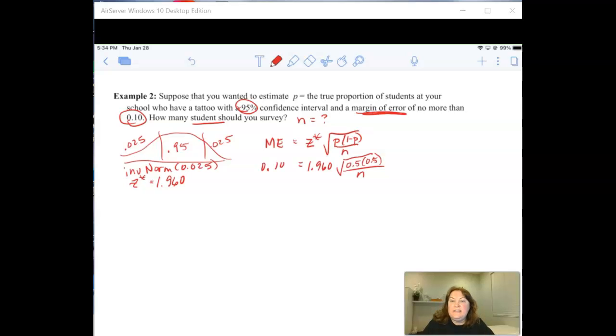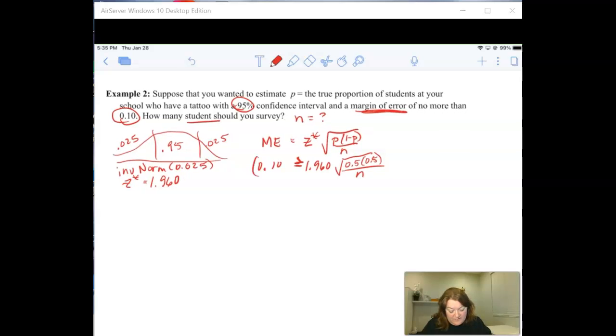Okay, and they said it should be less than. So our calculation that includes n needs to be less than. So the symbol goes that way. All right, so on this one, notice that n is stuck in a denominator and under a square root. We could either divide over the 1.96 and the 10, or I'm going to go ahead and square both sides, so that I get rid of that square root sign.